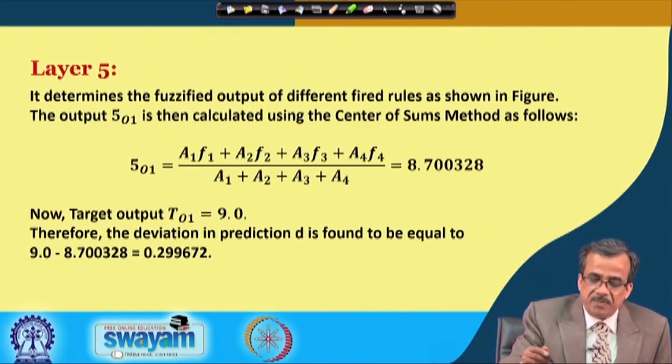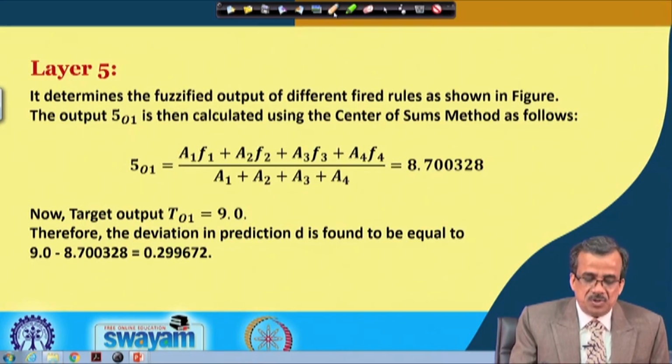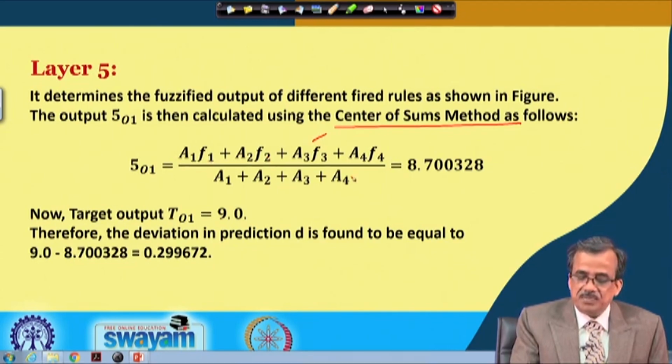That means, on layer 5 we carry out this type of defuzzification using the center of sums method, and this O51 is nothing but the output of the first neuron lying on the fifth layer, and that is nothing but A1 F1 plus A2 F2 plus A3 F3 plus A4 F4 divided by A1 plus A2 plus A3 plus A4.